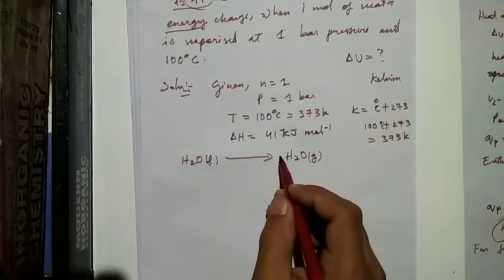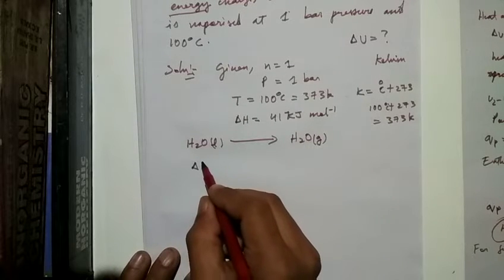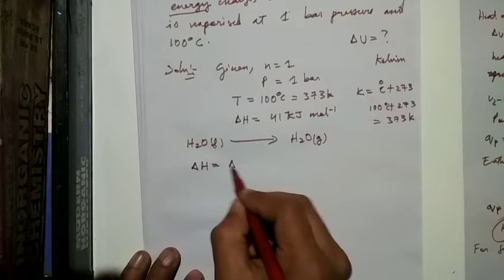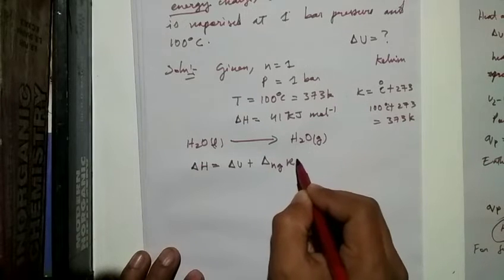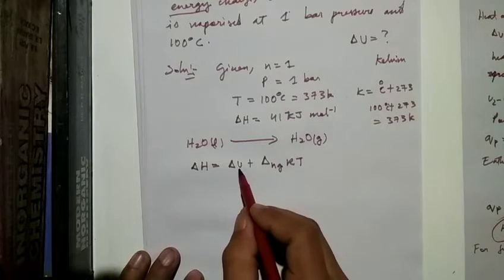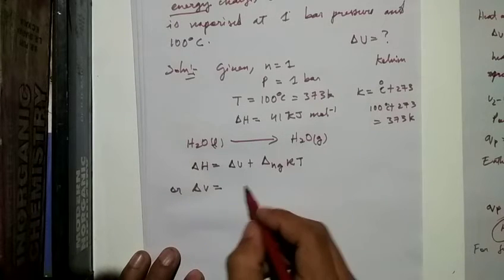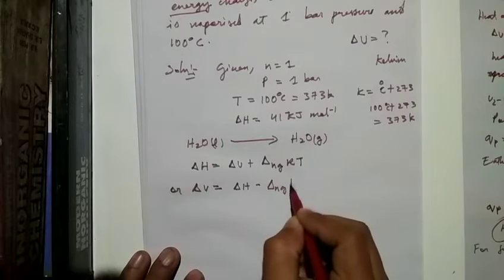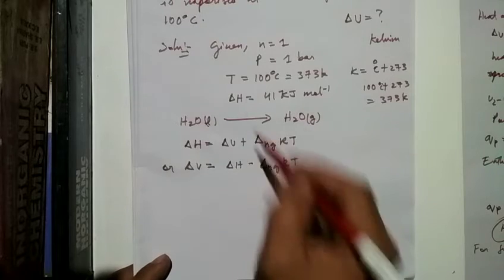So we know the formula we just got: change in enthalpy is equal to delta U plus delta n_g RT. So we have to find delta U, so delta U is equal to delta H minus delta n_g RT. So we are going to put these values here.